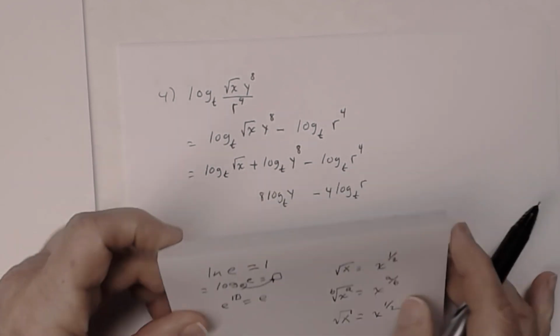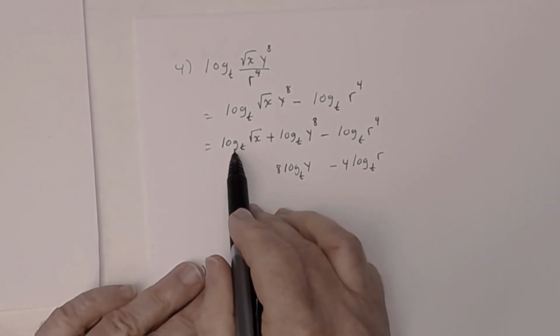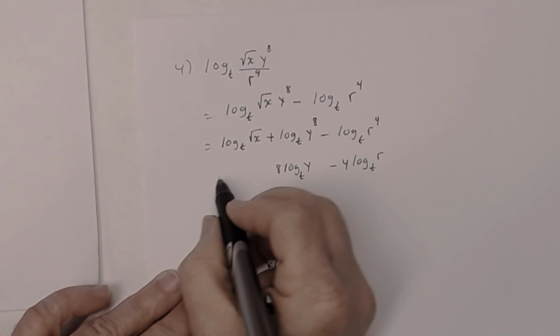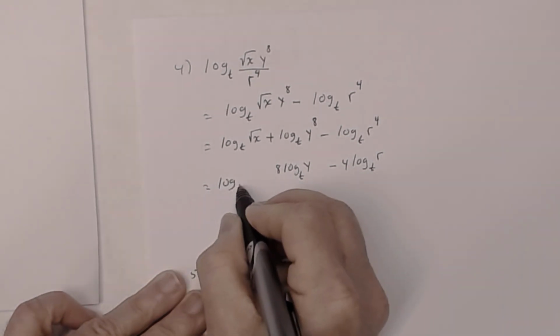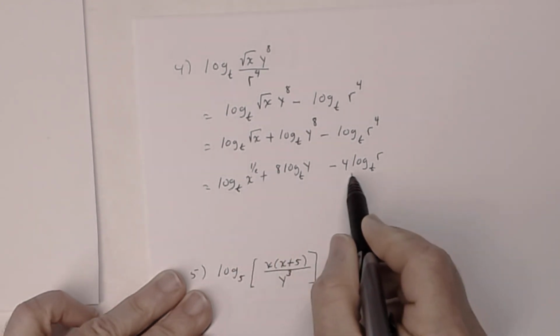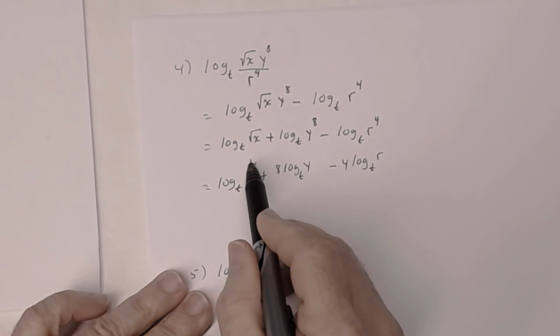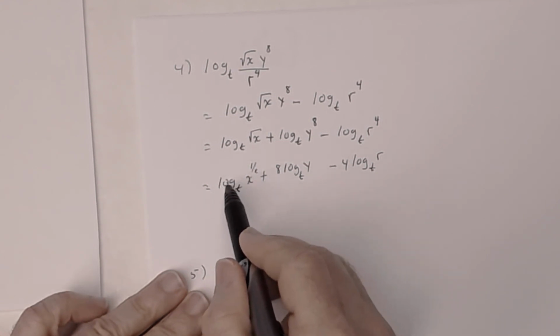All right, so then, knowing that, I can rewrite this as log base t of x to the 1/2 power plus those two expressions. And then using the power rule, I can write this as 1/2, the exponent, times the log of x.